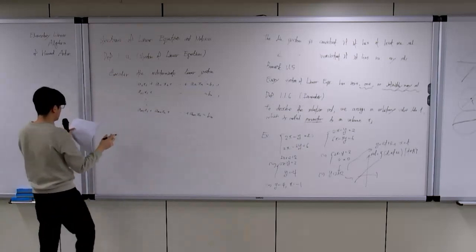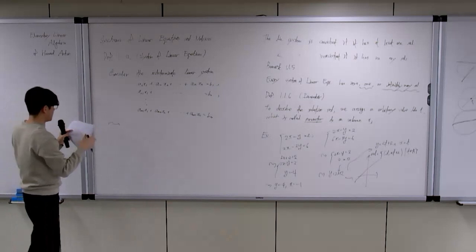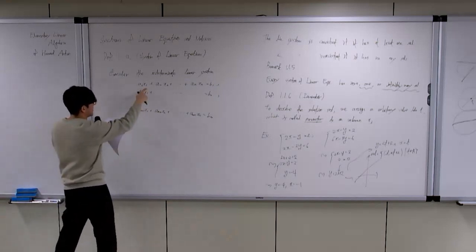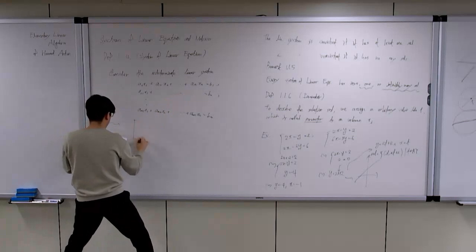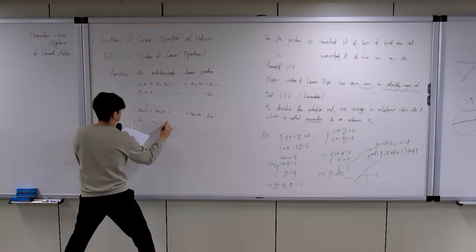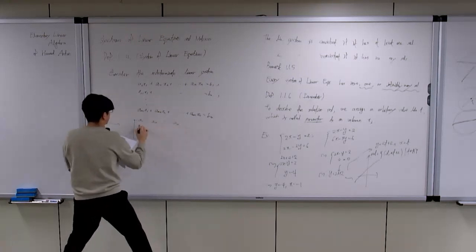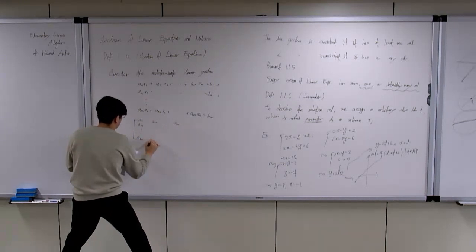Every linear system is written like that. By abbreviating x1 to xn, we reduce it to this form.